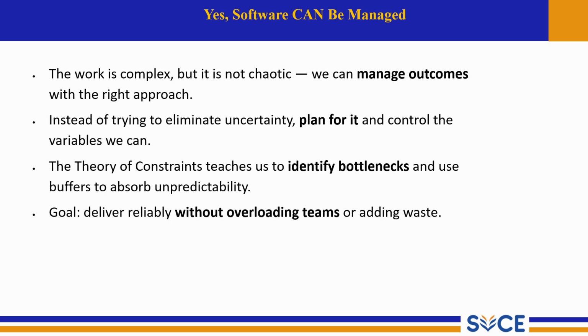Yes, software can be managed. The work is complex, but it is not chaotic. We can manage outcomes with a structured approach instead of trying to eliminate uncertainty. Plan for it and control the variables we can.